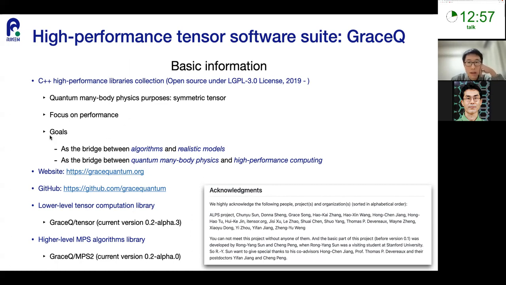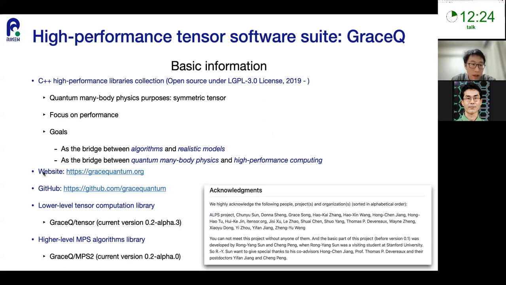And the final goal of GraceQ is to become the bridge between the algorithms and the realistic models, and also the bridge between quantum many-body physics and high performance computing. Since we know that the hardware is faster and more complicated these days, how to take advantage of this computing power? We need some connector.